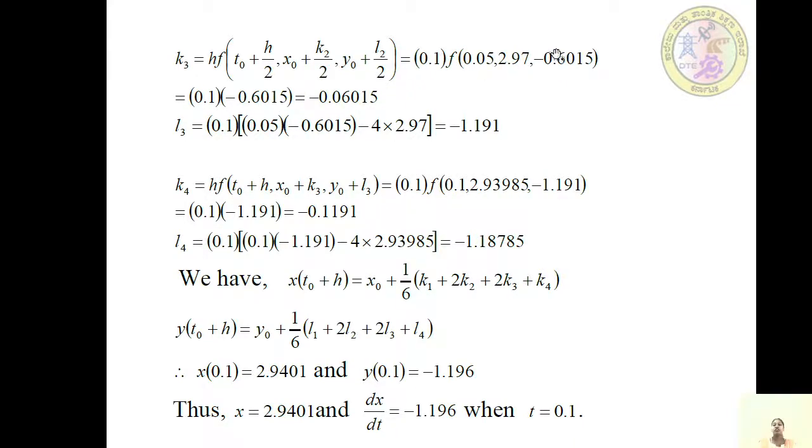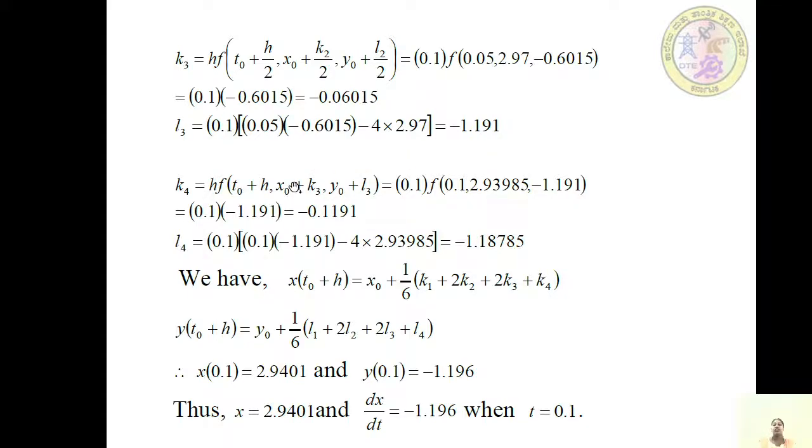Simplifying this with respect to your y terms, 0.1 into minus 0.06015, multiplying these two we get minus 0.06015. Similarly L3 equals 0.1 into x, that is t into, that is 0.05 into y which is minus 0.6015, minus 4 times this part, that is x, 2.97. Simplifying this we get minus 1.191.